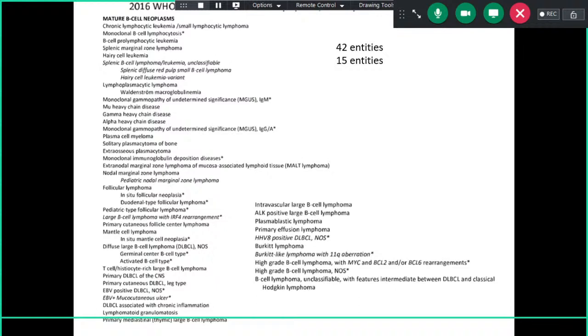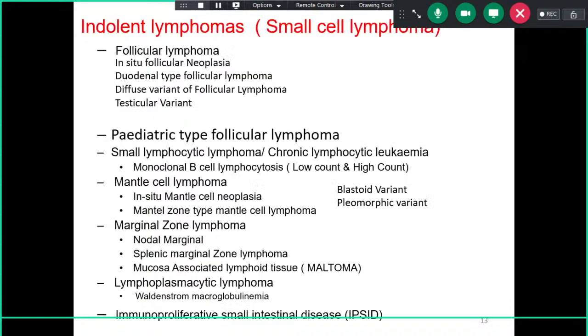So among these, what are the indolent lymphomas? For all practical purposes, from an undergraduate point of view, you can remember 4 or 5 lymphomas which are low grade or indolent, like follicular lymphoma, CLL/SLL, mantle cell lymphoma, marginal zone lymphoma, and a variety you can call lymphoplasmacytic lymphoma.